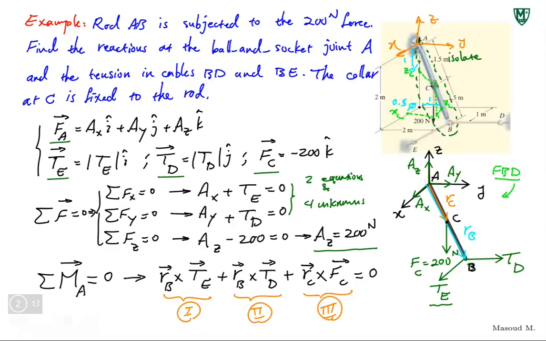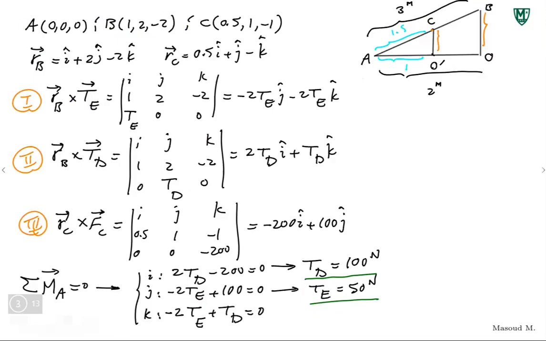And we were supposed to find the reactions in the ball and socket joint. We found one component of reaction from before. It was AZ here. We couldn't find AX and AY, but now AX and AY is two equations and two unknowns. We got rid of two unknowns because we already know TE and TD. So all I need to do is just follow this. Let me put this star so we can follow this later.